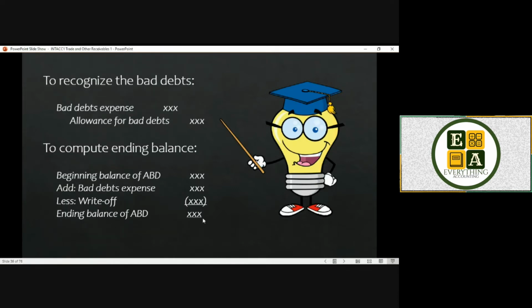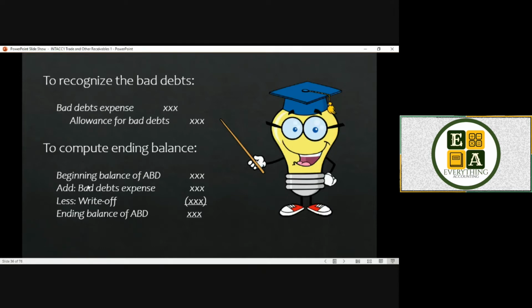So to recognize bad debts, we debit bad debt expense and credit allowance for bad debts. Or minsan, doubtful accounts expense, credit allowance for doubtful accounts. Again, kahit anong gamitin mo, pwede as long as consistent. To compute the ending balance of the allowance for bad debts, yung beginning balance, pagdagdagan mo ng bad debt expense for the year, then bawasan mo again ng write-off.